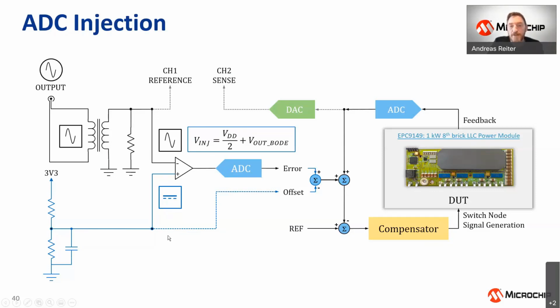And that offset then, however, needs to be incorporated into our error injection. Because what we would like to inject is a pure AC component, so not that DC component. So that means what we have here added externally in analog needs to be subtracted back there in digital. And only then we have a proper sinusoidal waveform injection into our control system.